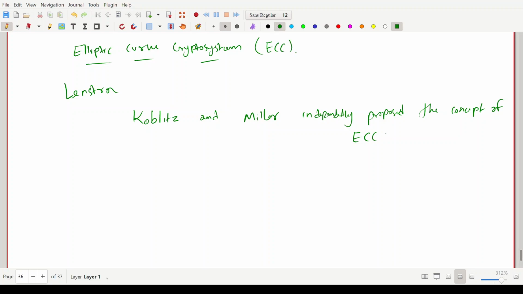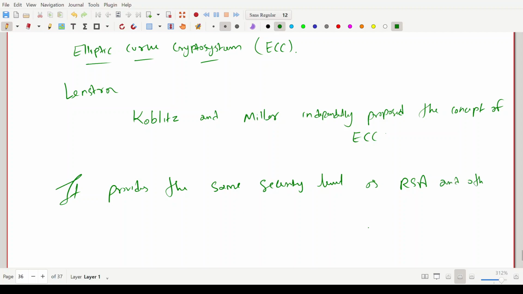Okay. The main advantage of ECC is that it provides the same security level as RSA, okay, and others, with smaller key size.